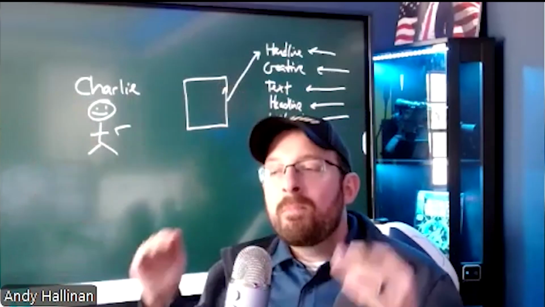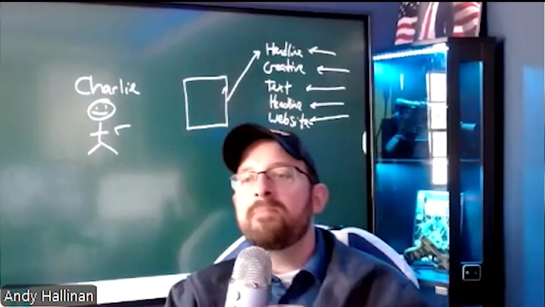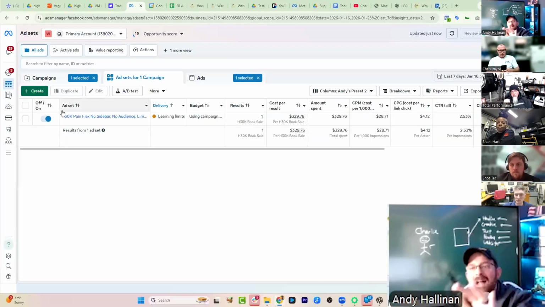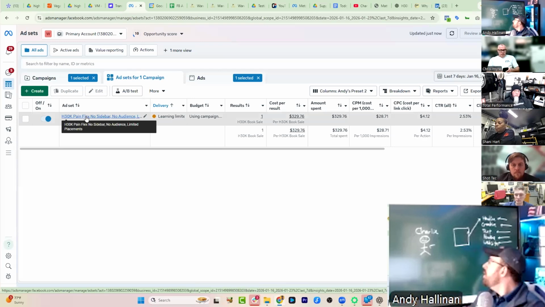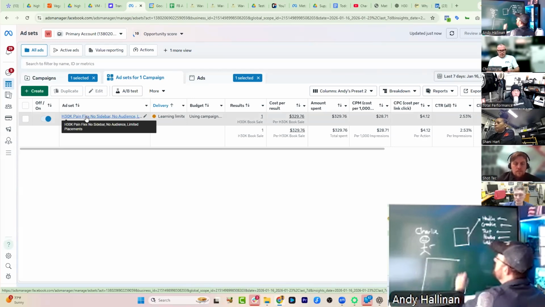And so by creating separate variations, we are giving the algorithm more options to choose from. There are a couple of ways that we can create those variations. Number one, within an ad set level. So this is your campaign.